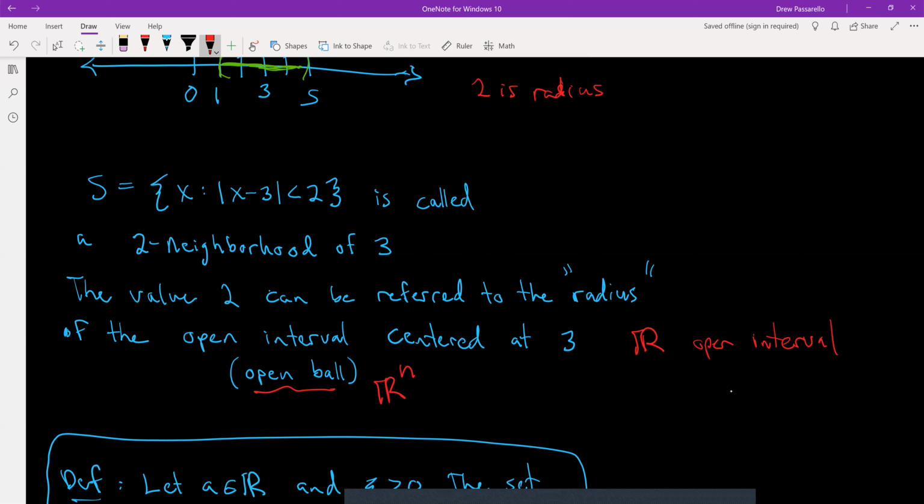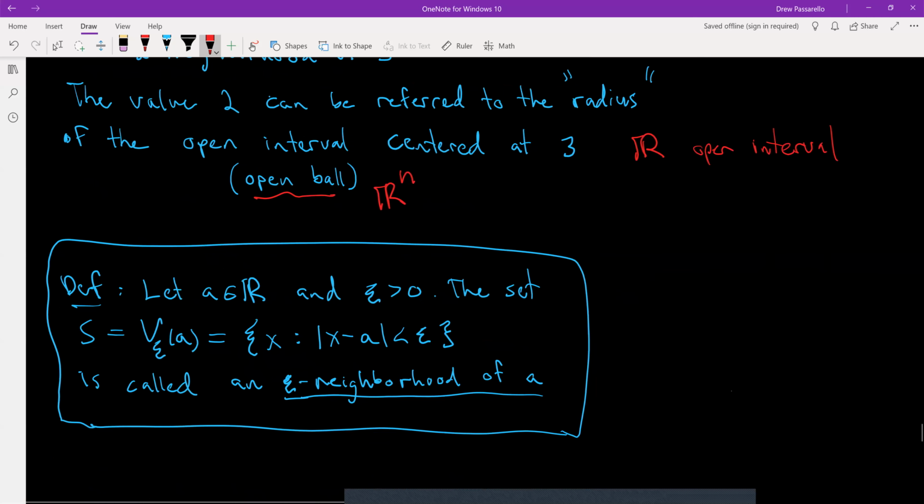That's called a 2 neighborhood, and 2 is the radius. So the value that we use for labeling the neighborhood is the radius, of whatever the center is. In this case, the center is 3.